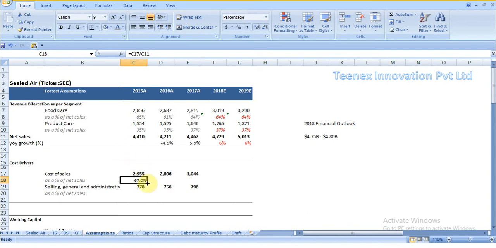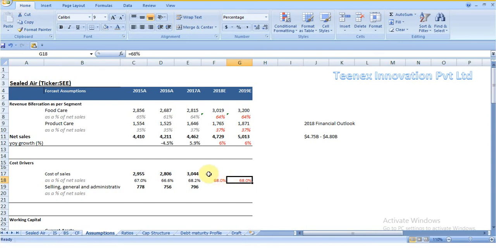I'll drag this and see the trend. Historically it is not changing much. It is range bound from 67 to 68%. Going forward I can assume it near 68%, and for 2019 also I can assume the same.